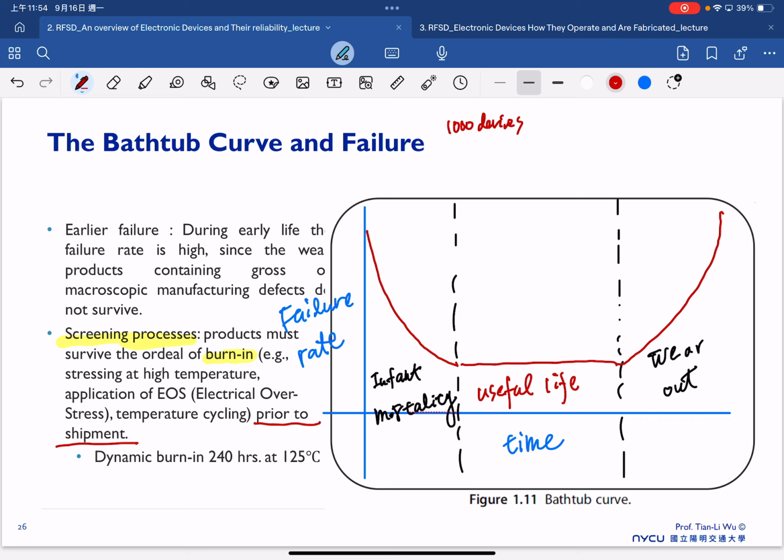So usually in the industry, what we perform is the burn-in test. This is kind of like a screening process.